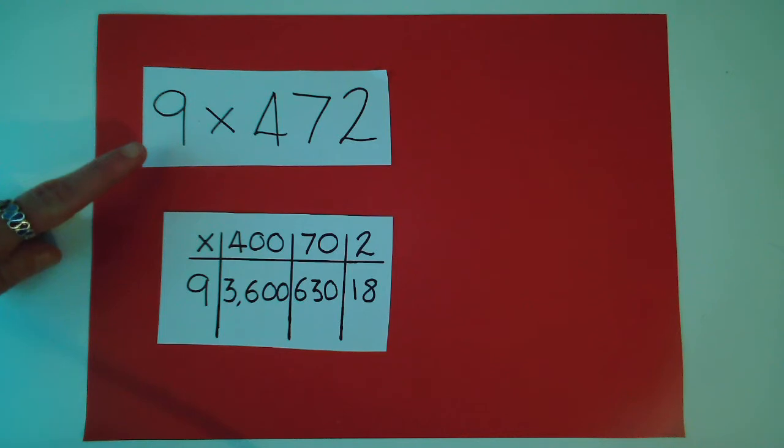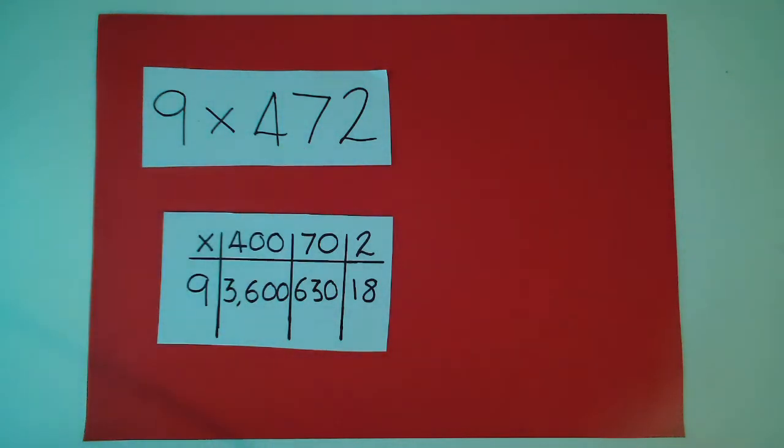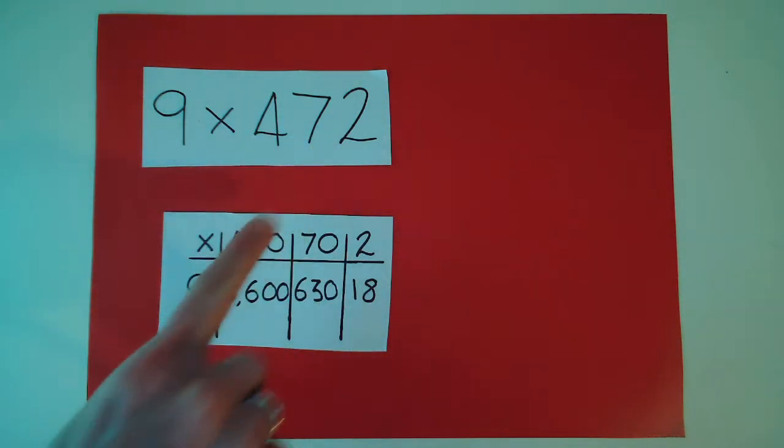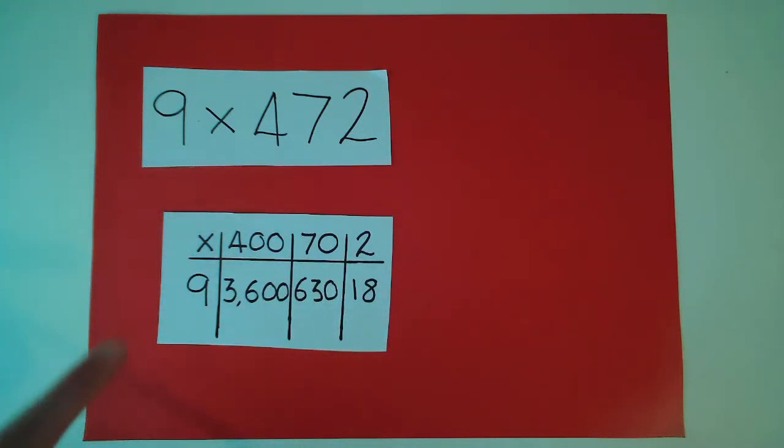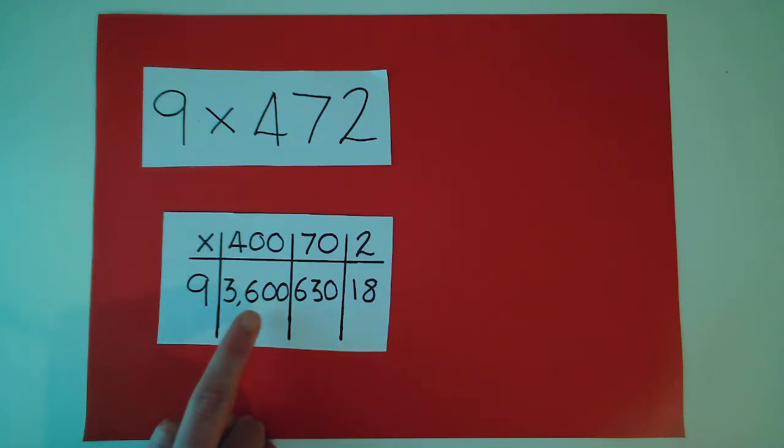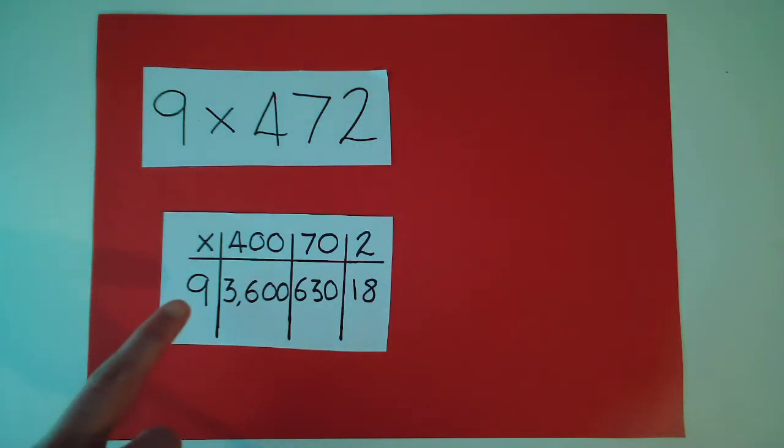Then we have 9 times 472. So 472 partitioned into 400, 70 and 2. Then we do 9 times 400, which is 3,600. So you might have done 9 times 4 first. Then we had 9 times 70, 630, and then 9 times 2 is 18.